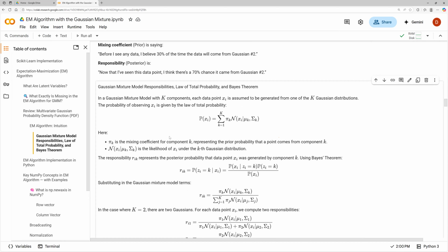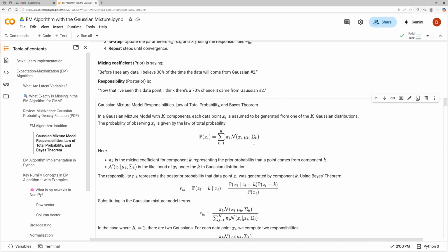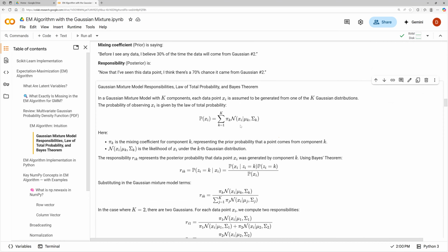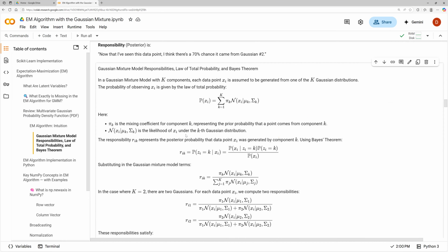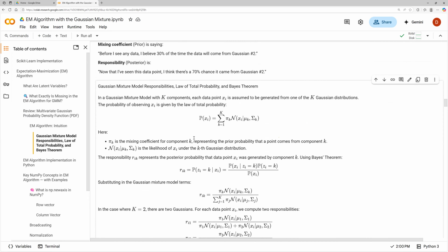So here, again, the mixing coefficient represents the prior probability. And this multivariate normal distribution is the likelihood of x_i under the kth Gaussian distribution. In our implementation there were 3; we're going to be working with 2, and we'll see that shortly. So the responsibility, if we express it using Bayes' theorem, is the posterior probability.